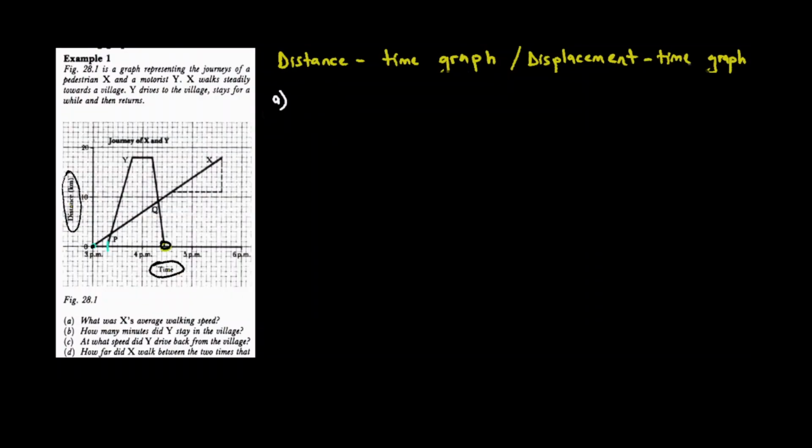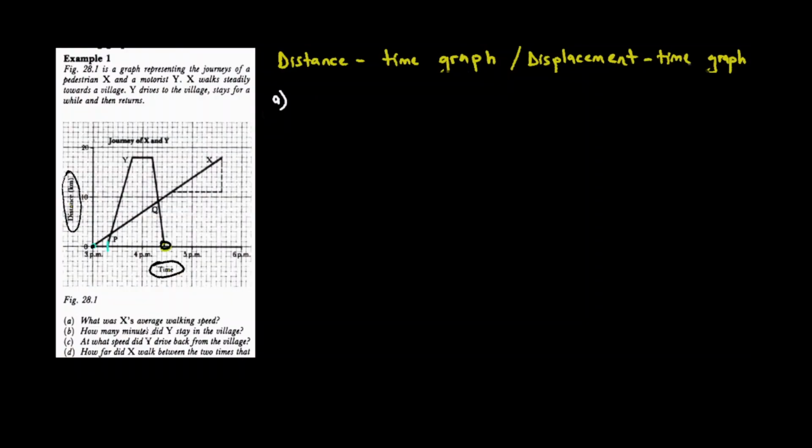I want to start with the formula, because there is a certain twist. There is a difference between saying what is the speed of X and the average speed of X, and it's very important to take note of that.